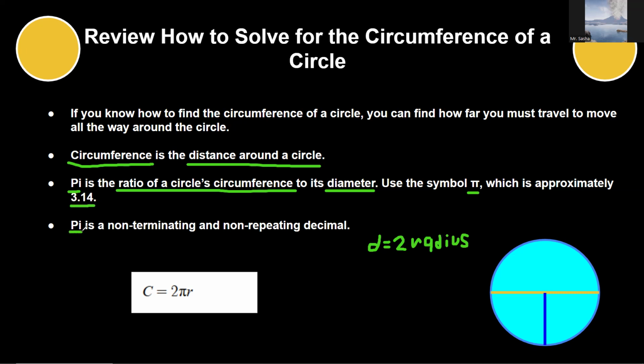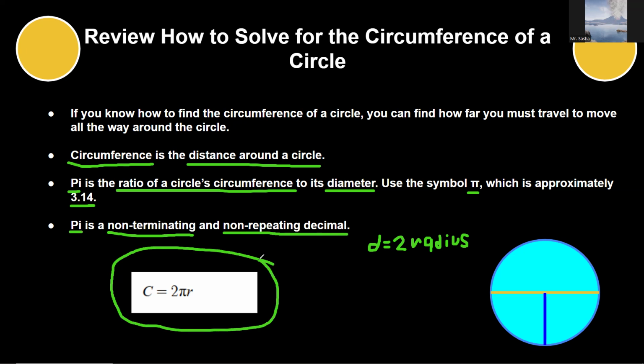Pi is a non-terminating, non-repeating decimal. Always use the formula to solve for the circumference of a circle, and also look for keywords, so that you can become successful like me.